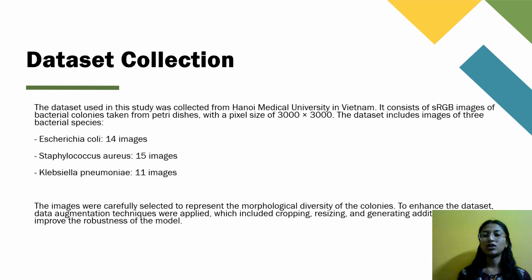The dataset includes images of three bacterial species: Escherichia coli with 14 images, Staphylococcus aureus with 15 images, and Klebsiella pneumoniae with 11 images, where the images were carefully selected to represent the morphological diversity of the colonies.